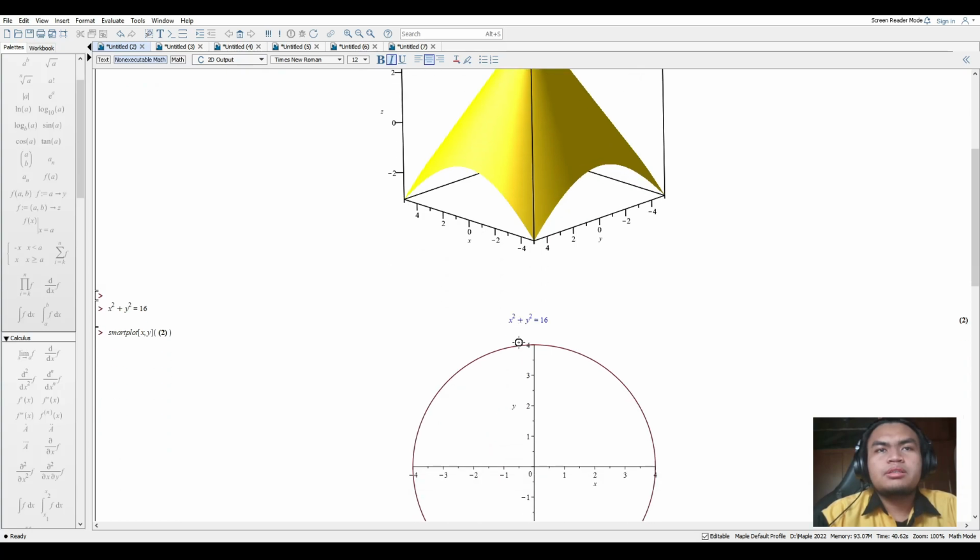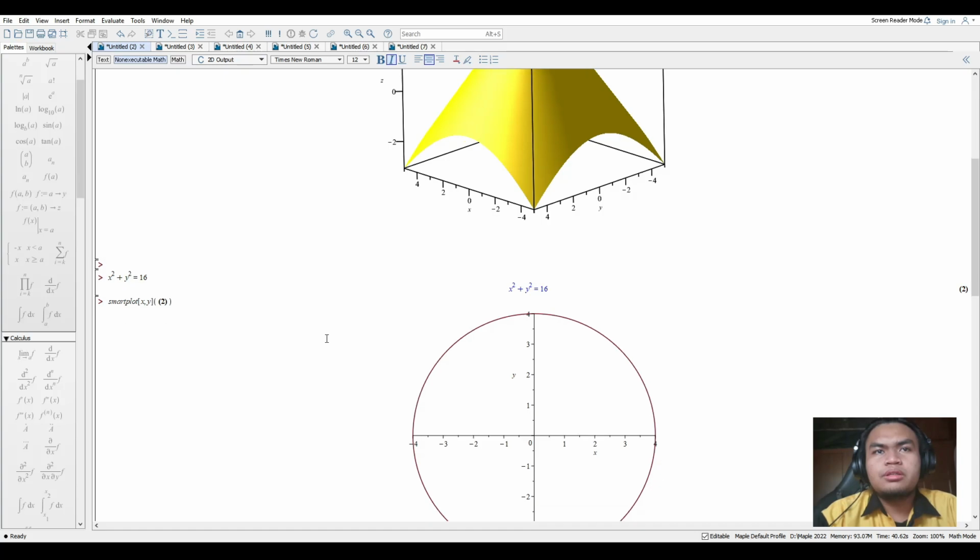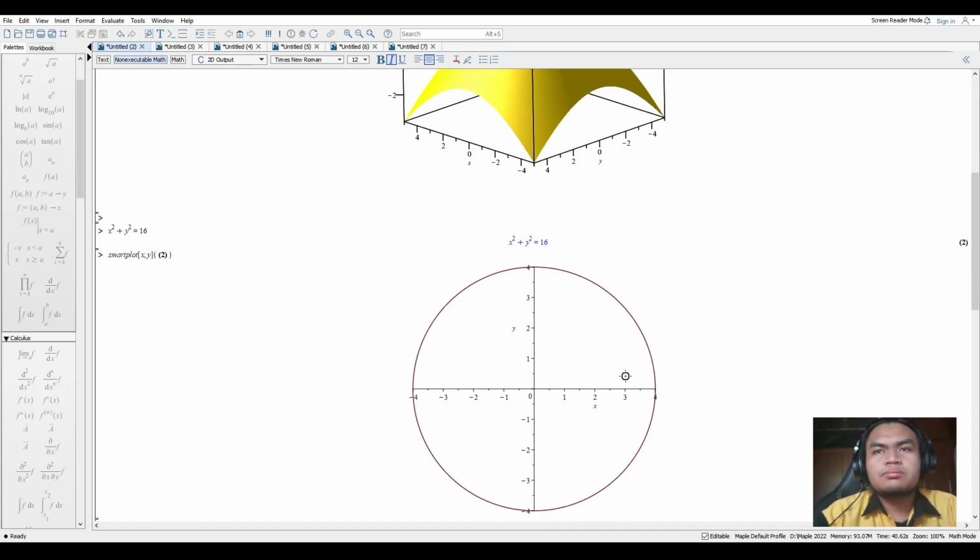Okay, after that we want to find the 2D plot for the cone. So this is the plot. So we get here, we can see that R is equal to 4.